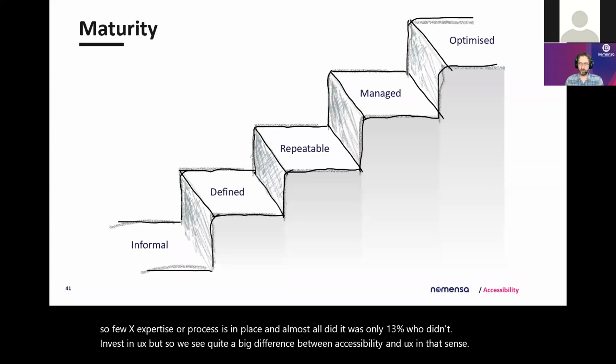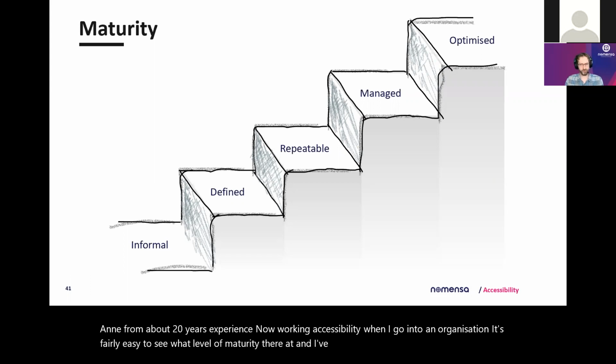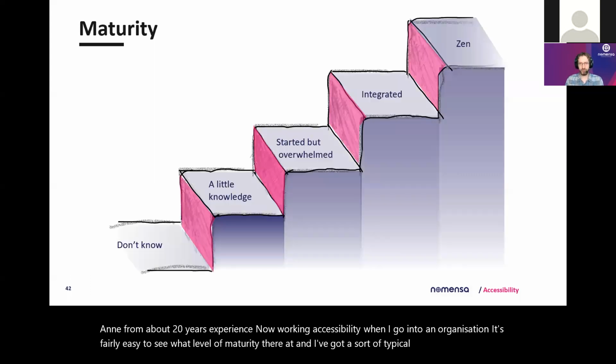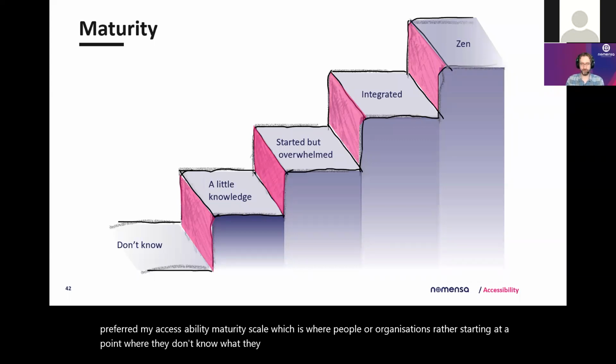From about 20 years experience working in accessibility, when I go into an organization, it's fairly easy to see what level of maturity they're at. I've got a typical maturity scale. I actually prefer my accessibility maturity scale, where organizations are starting at a point where they don't know what they don't know. It seems like about 50% of organizations are in that position at the moment.